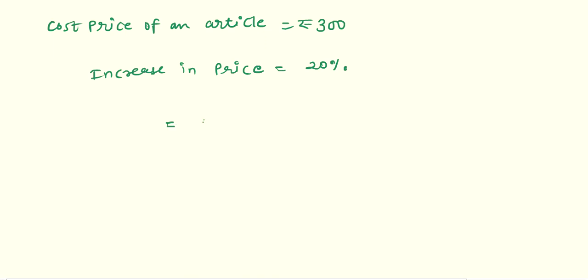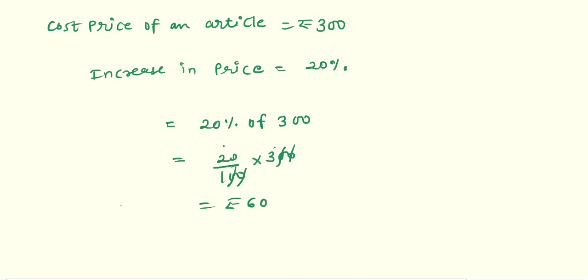First we find 20% of the cost price, so 20% of 300. 20 by 100 into 300. The zeros get cancelled. 20 into 3 is 60 rupees. So he increased the MRP by 60 rupees. Clear?